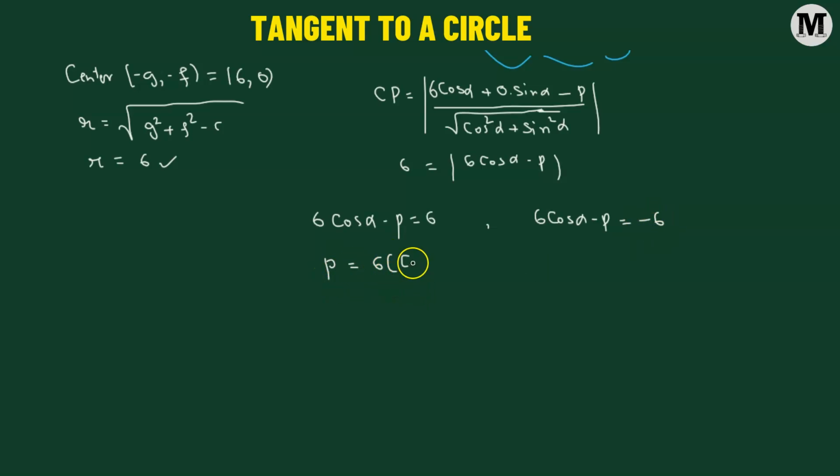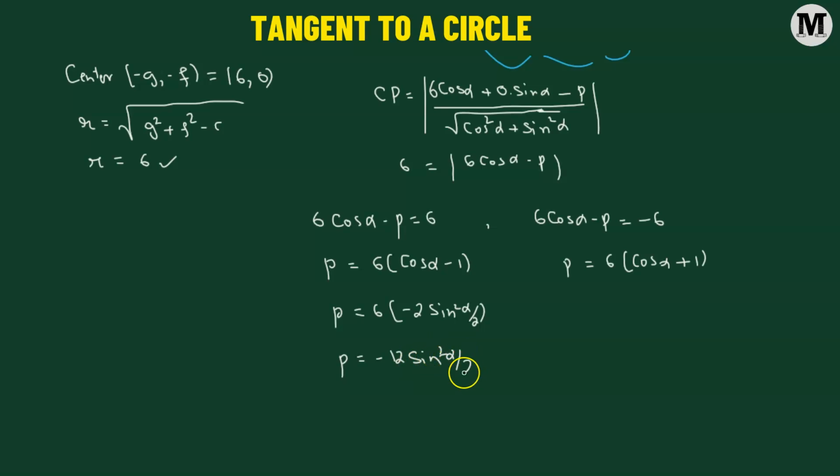Which means that p comes out to be equal to 6 multiplied by cosine alpha minus 1, and p can also be equal to 6 multiplied by cosine alpha plus 1. However, we know that cosine alpha minus 1 is a standard value. That's negative 2 times sine squared alpha over 2, which means p will be equal to negative 12 sine squared alpha over 2.